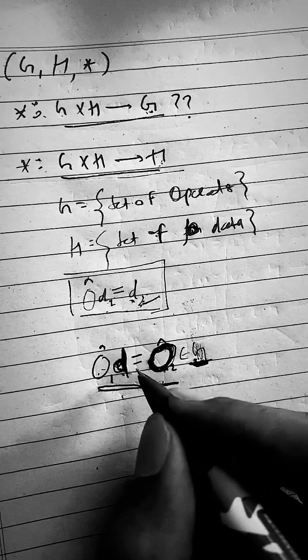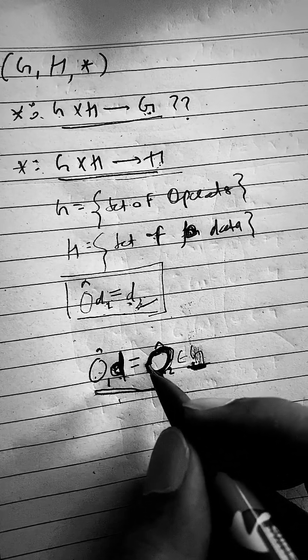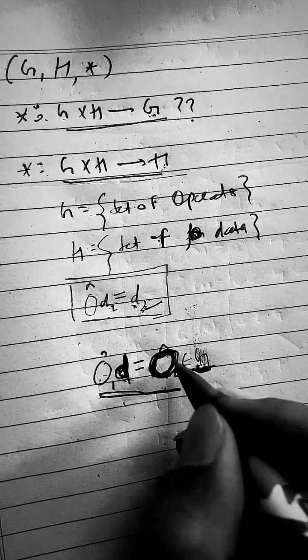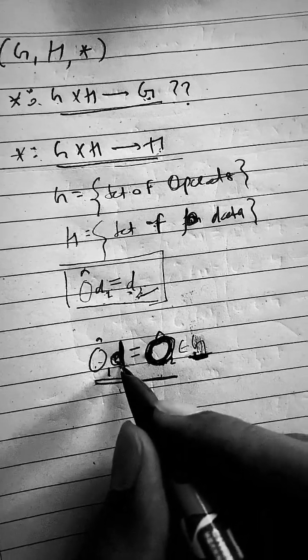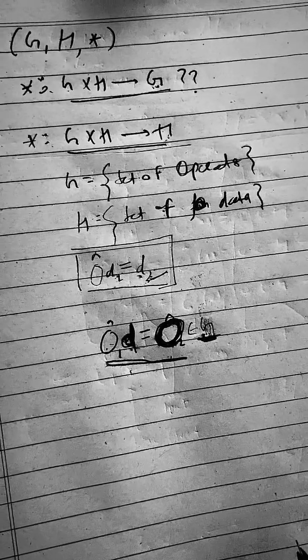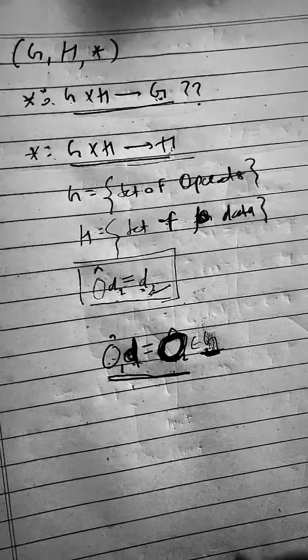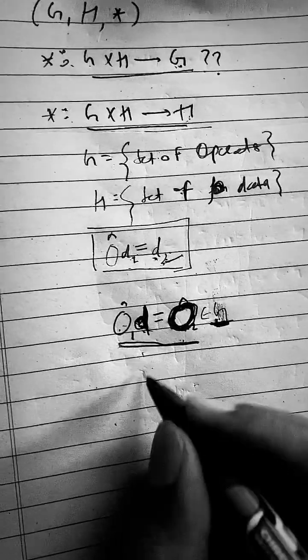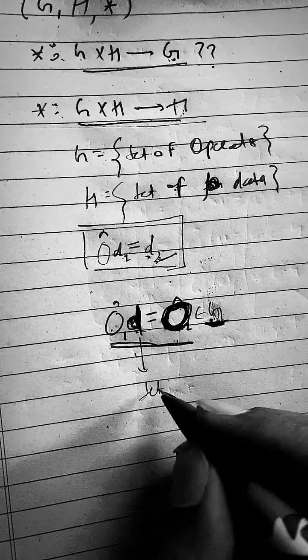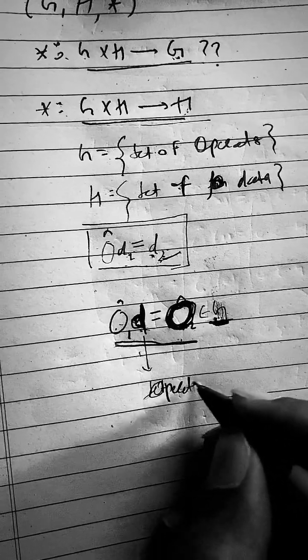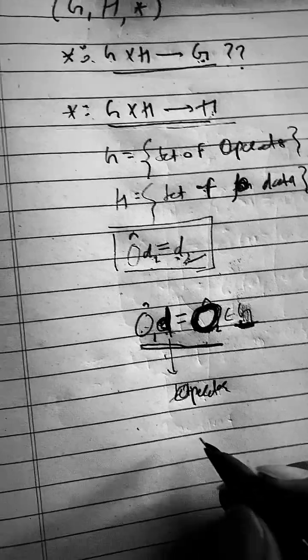But we want the output to be in G, and G is a set of operators. So this should be a very different kind of structure. And what is that? Well, this should also be another operator. Think carefully.